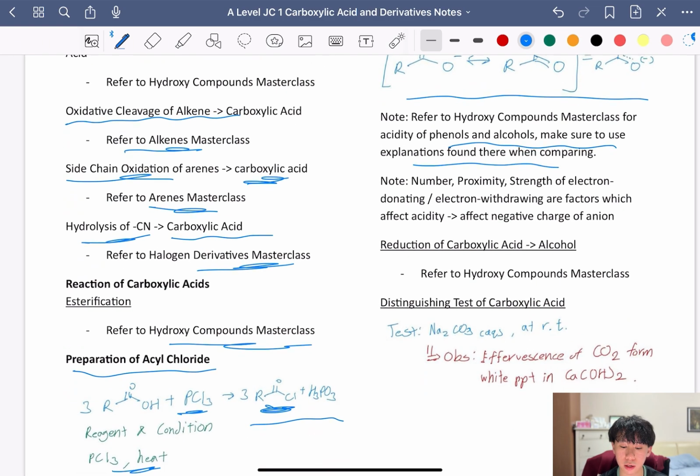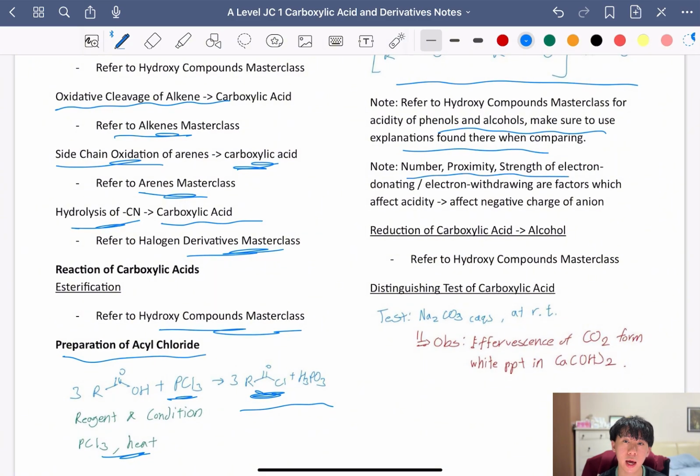Now do take note that also the number, proximity, and strength of your electron withdrawing / electron donating groups to the C double bond O or the CO2- group is important when considering the acidity of your organic compound, because all these factors do affect your negative charge on the anion, whether it stabilizes or it destabilizes the negative charge, and hence it affects how strong an acid or how weak an acid is for this organic compound.